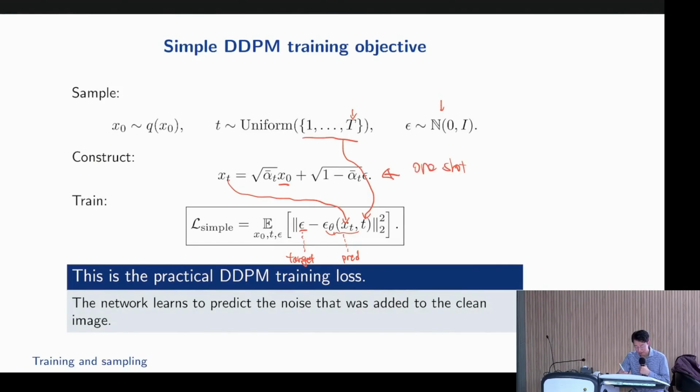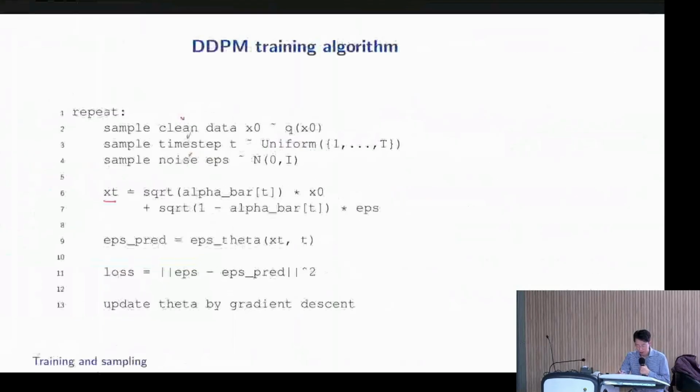And you generate a prediction by plugging this into your network. And you minimize the MSE between the actual noise and the predicted noise. And you update your parameters.